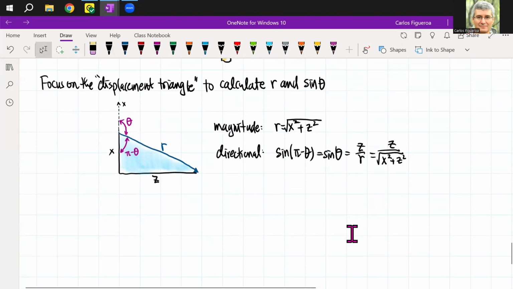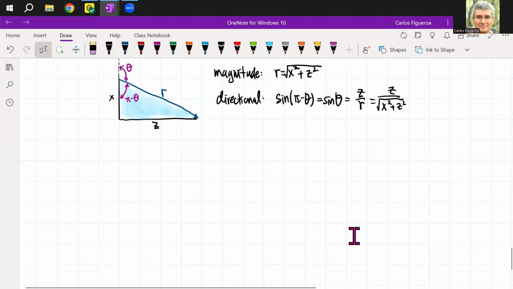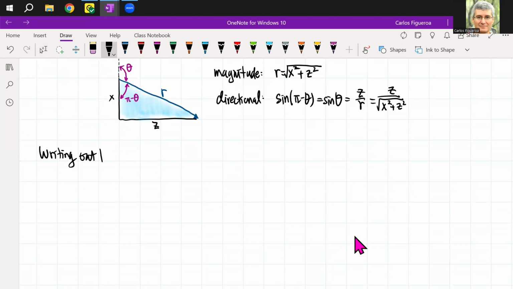Now that I have those two, I can write out the details of the magnetic field. Writing out the details of the little B field of the wire, we have dB wire.